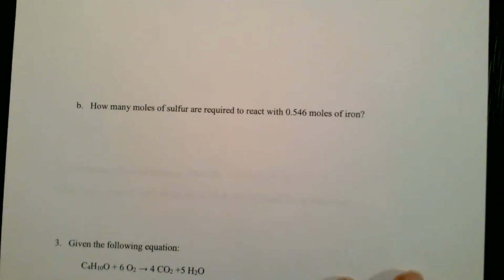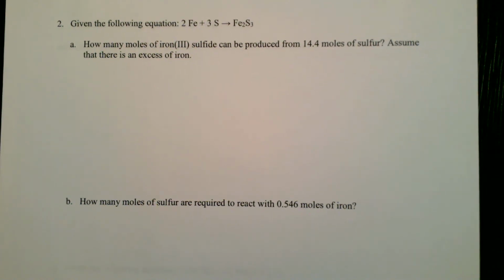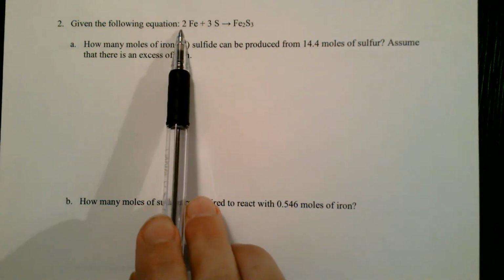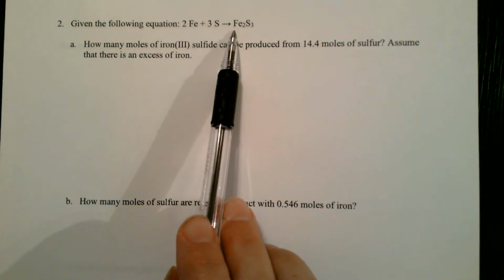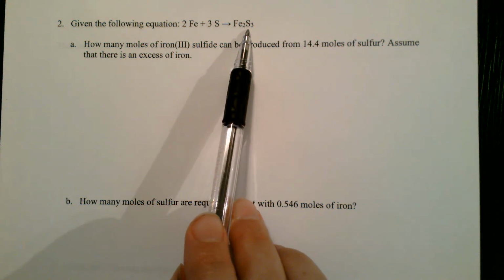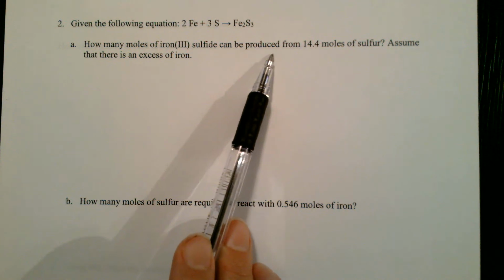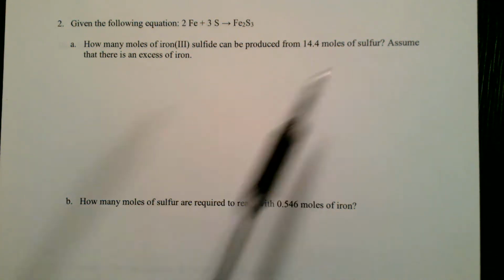Okay, so let's start doing some problem solving using mole ratios. So given the following equation, where we have 2 irons react with 3 sulfurs to give us 1 mole of iron 3 sulfide. So we want to know how many moles of iron 3 sulfide can be produced from 14.4 moles of sulfur.